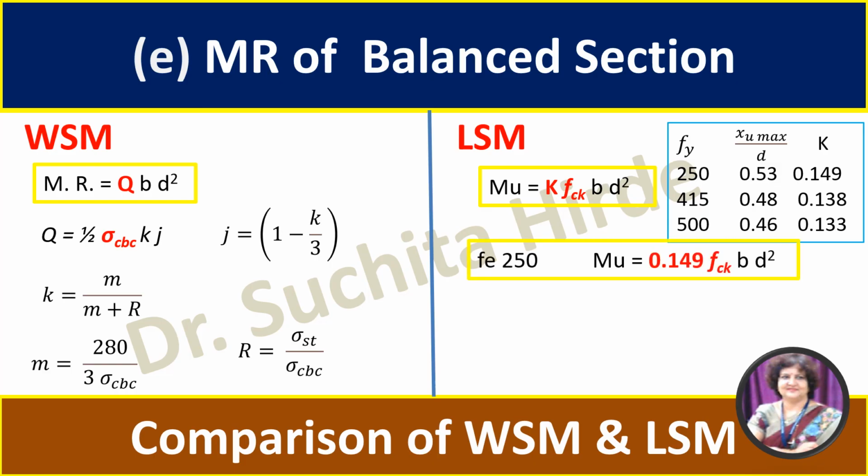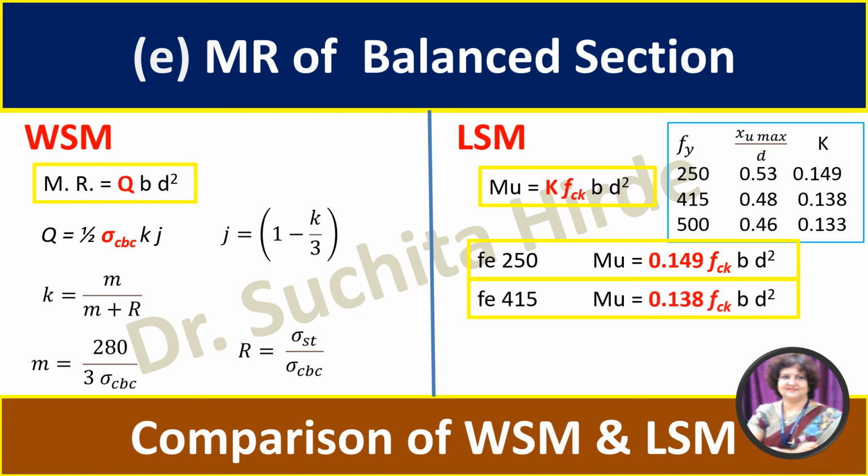So if you substitute this value, the formula will look like this for Fe250 steel. While designing any element using Fe250 steel, you can directly use this formula, 0.149 FCK BD square, as the moment of resistance. Equate it to bending moment and get the dimension of that beam.